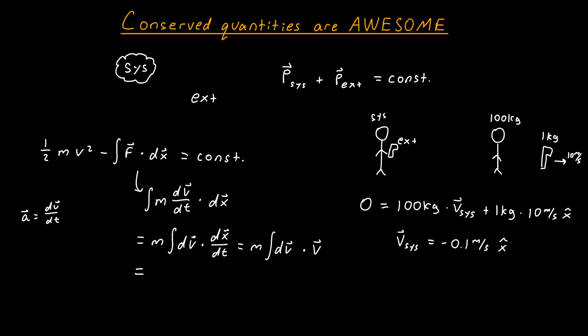And so we can replace dv with a dt, and we're left with m times the integral of acceleration dotted into velocity, now multiplying dt. And now if you look at this a little bit, you'll recognize that the integrand is actually related to the derivative of v squared with respect to time, right? If we take v squared and we want to differentiate it with respect to time, then we can rewrite v squared as v dot v.